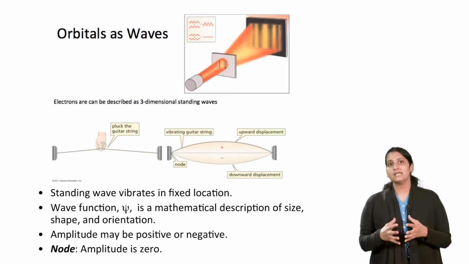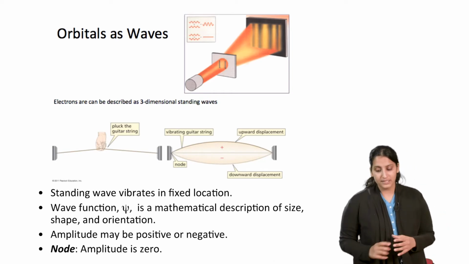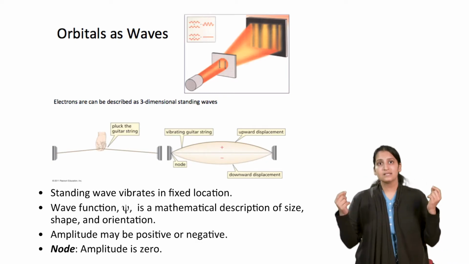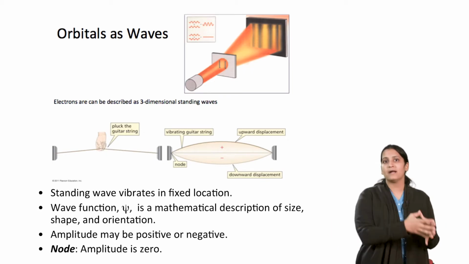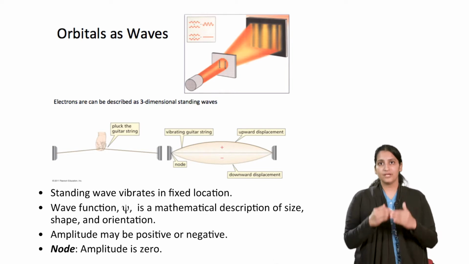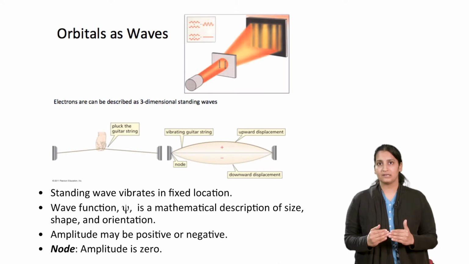In order to understand the molecular orbital theory, we need to think of orbitals as waves, because electrons can be thought of as standing waves. Electrons have a particle nature and they also have a wave-like nature, and we have to think of electrons as standing waves for molecular orbital theory.